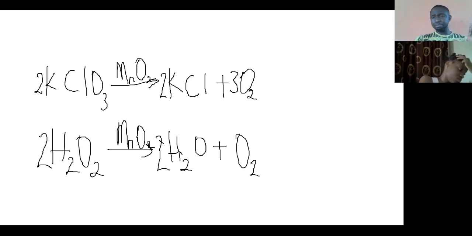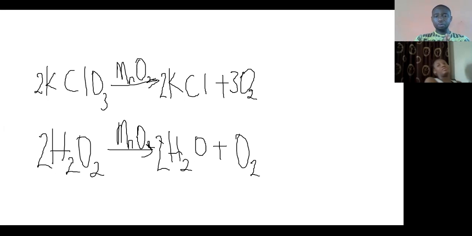People breathe in oxygen whenever they have breathing problems. Asthmatic patients, when they have complications coming up, most times they are given oxygen in their nose to breathe. So how is oxygen produced in large quantities?